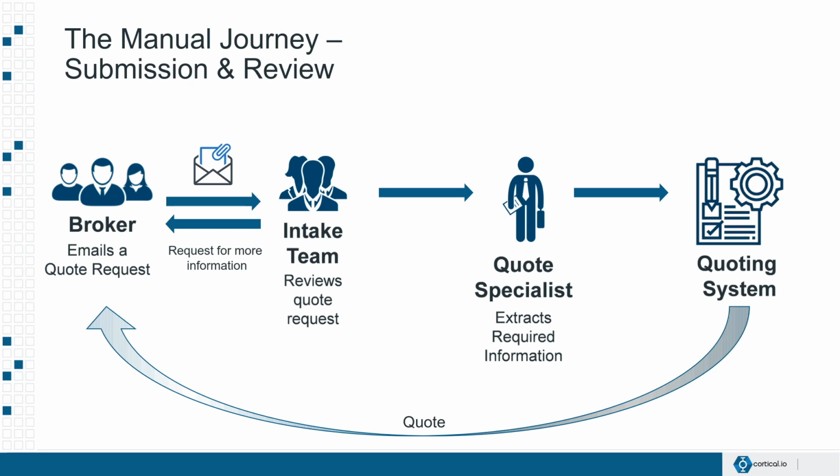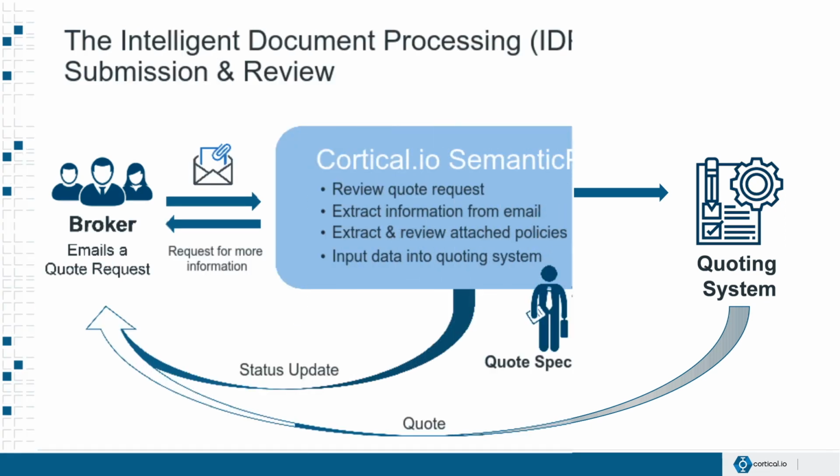If it isn't, they're going to go back to the broker, request that information, and go back and forth until they get that information. Once they have it, they send it to the quote specialist or the underwriter, who will extract the information out, use that to put into the quoting tool, get the quote, and send it back to the broker. It's a manual, time-consuming, and error-prone process.